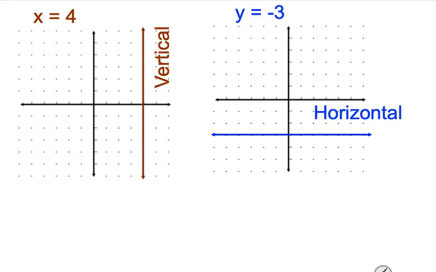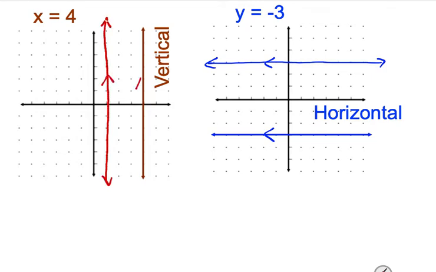So horizontal and vertical lines are perpendicular. The other thing that should be somewhat obvious is that all horizontal lines are parallel to all other horizontal lines, and as a nice corollary, all vertical lines are parallel to all other vertical lines.